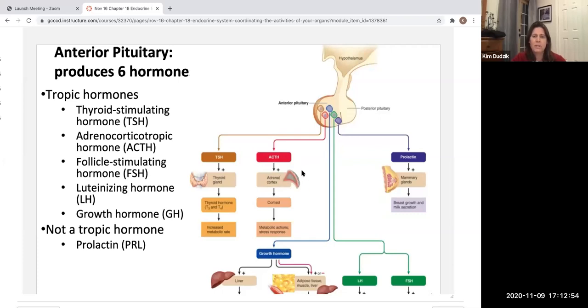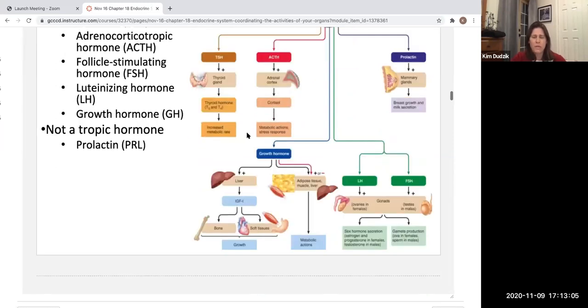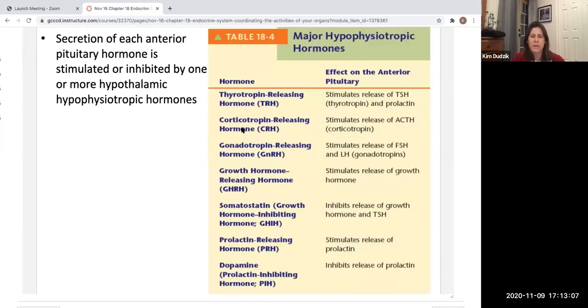You can see that the anterior pituitary also signals the adrenal cortex to release a hormone. Okay, and so to do that, it first gets a signal from the hypothalamus, which releases CRH, corticotropin releasing hormone.